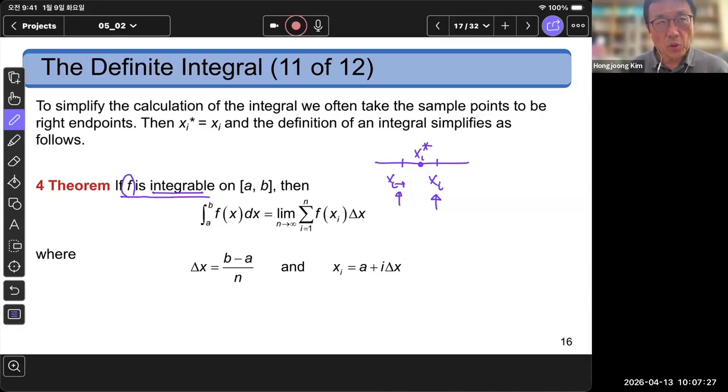So if I know that my function is integrable, then the definite integral can be computed from the limit of a Riemann sum, and in this Riemann sum I'm just fixing my xi to be one of the endpoints. The left endpoint or the right endpoint, it doesn't matter, or even the midpoint is fine. People usually choose one of these two endpoints for the simplification of the calculation.